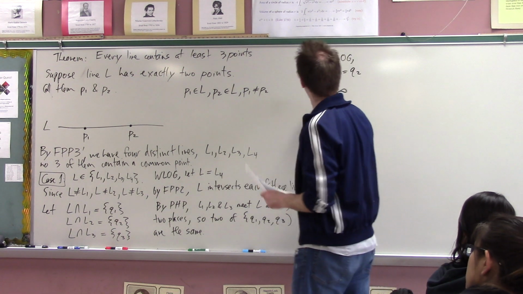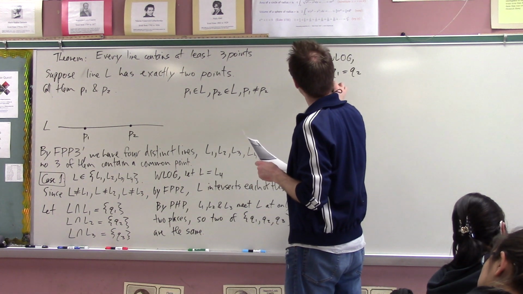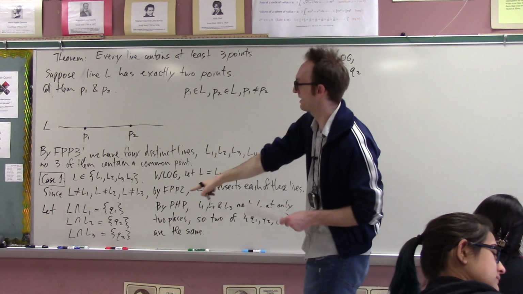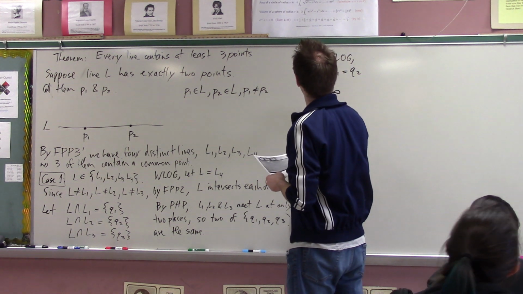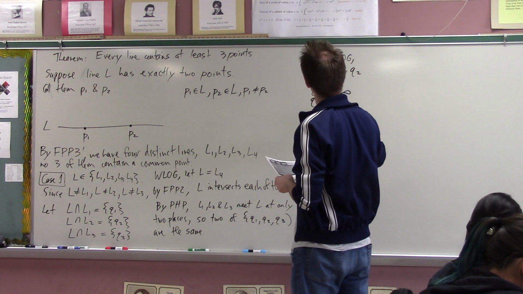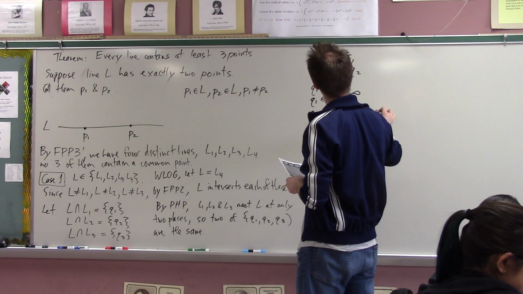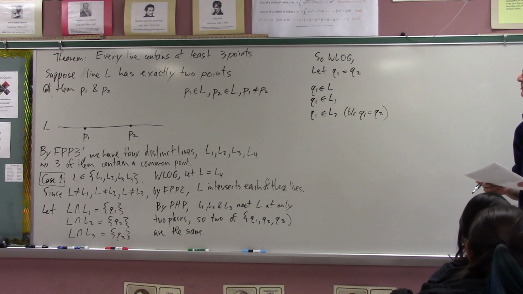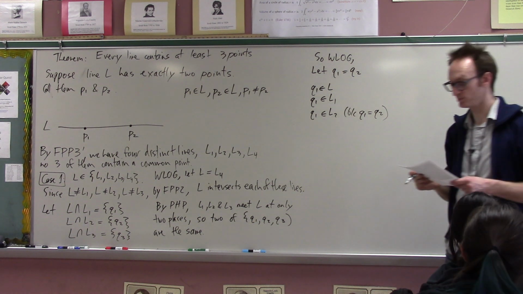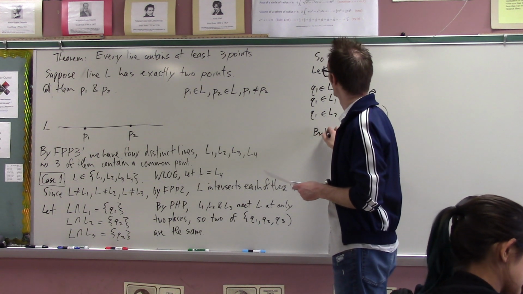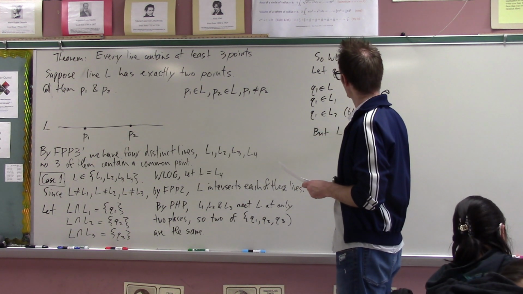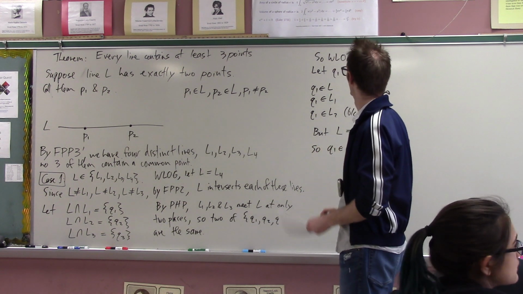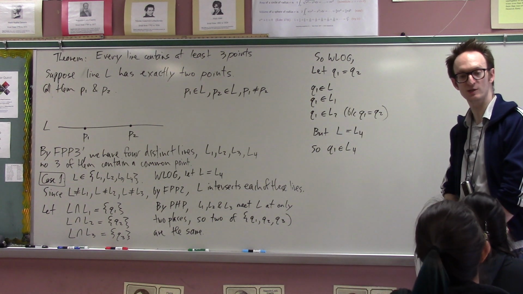Good. And so what do I know? I know that Q1 is on L. I know that Q1 is on L1. It's the definition of Q1. And I also know that Q1 is on L2 because Q1 equals Q2, and Q2 is on L2 by definition. Why is this impossible? Well, do not forget that L is really L4. So we also have Q1 on L4. Contradiction.